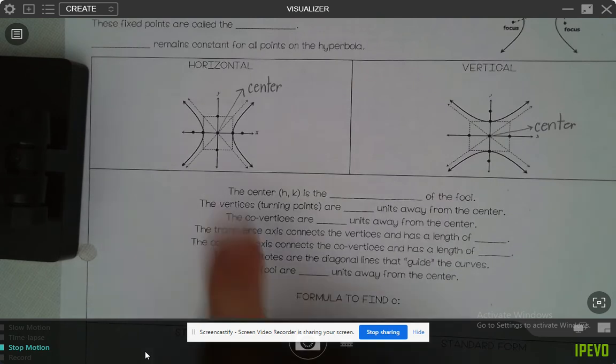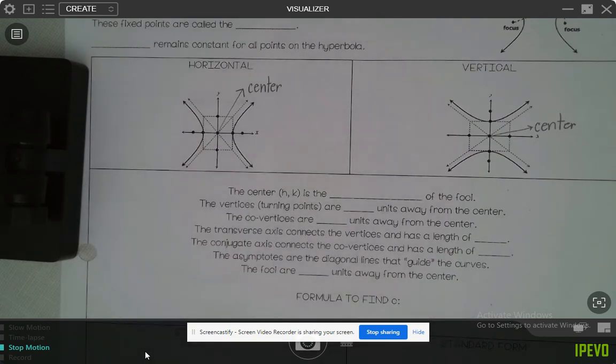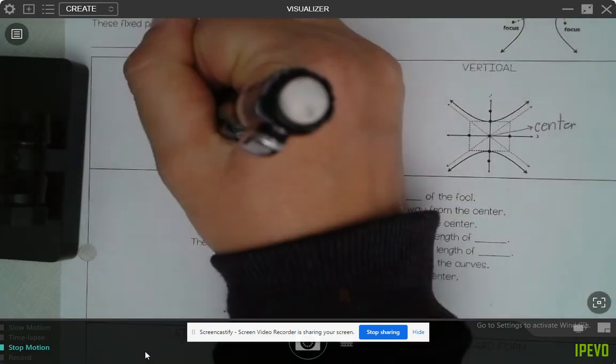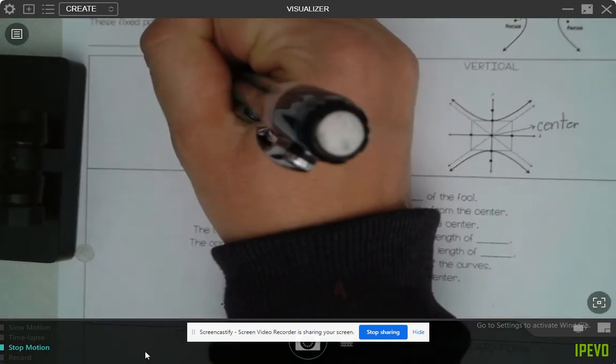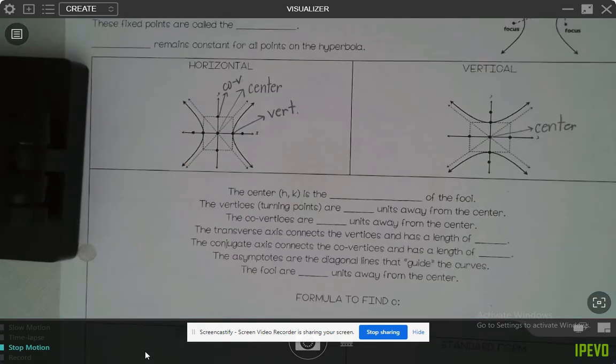Okay, now you will also have to find vertices, co-vertices, and foci. These are co-vertices. And those are vertices. Co-vertices are not on the hyperbola. Vertices are the turning points of the hyperbola.